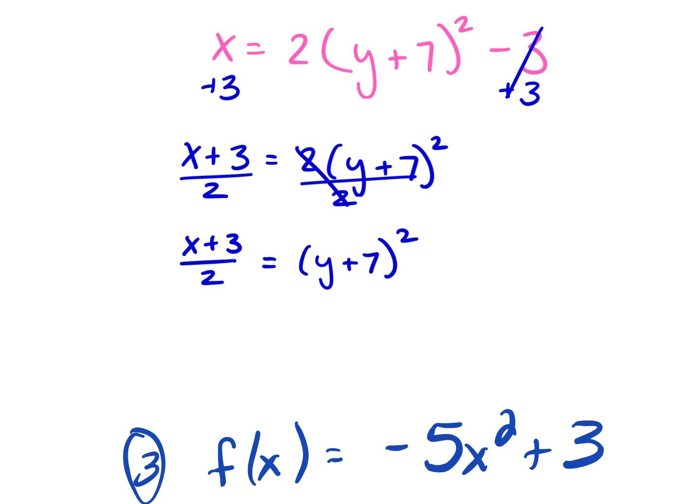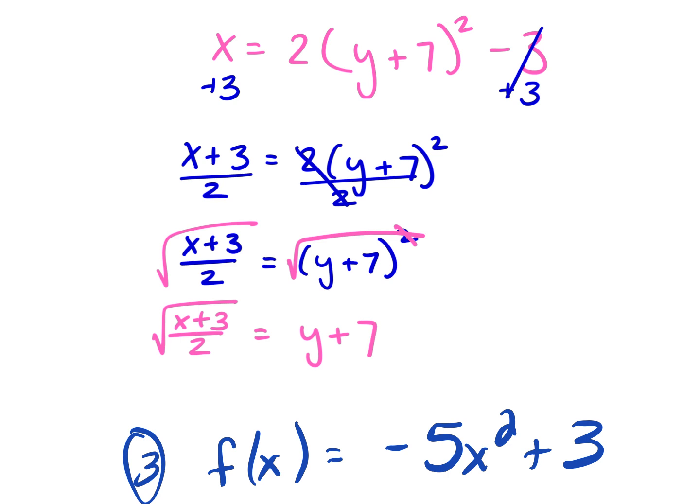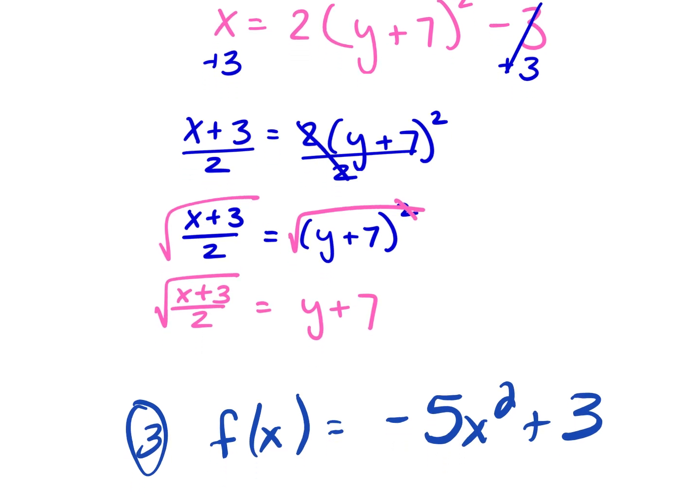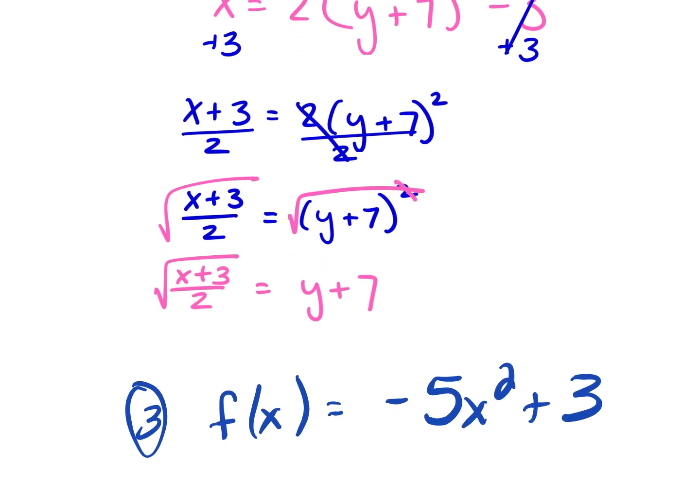Now, how would I get rid of the squared? What's the opposite of squaring something? Square root. Perfect. We're going to square root both sides. So it'll cancel out with the squared. So I have the square root of x plus 3 over 2 equals y plus 7. And then what's our last step? To get y by itself, what would I need to do next?